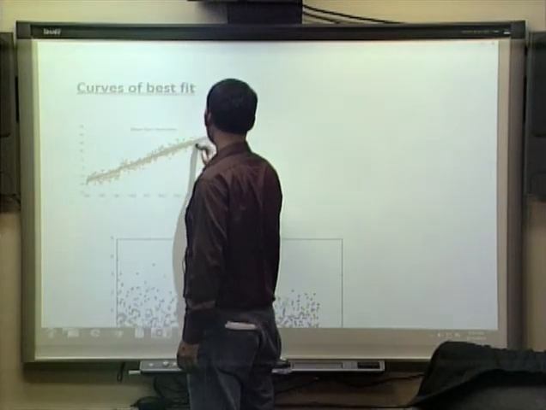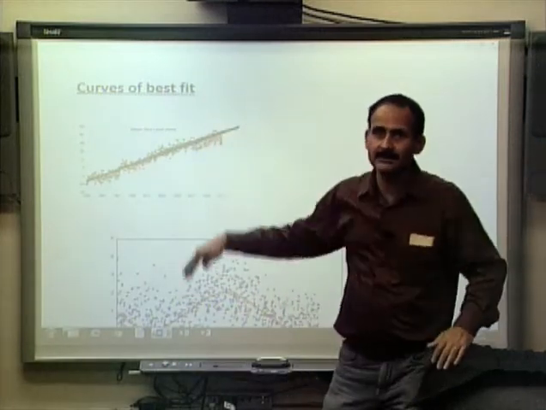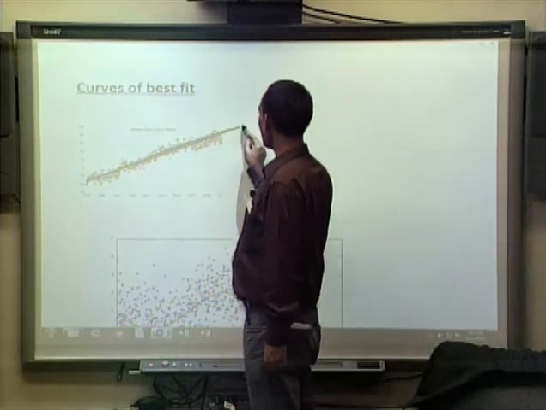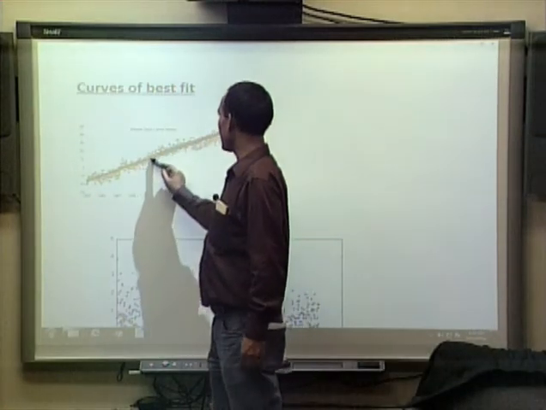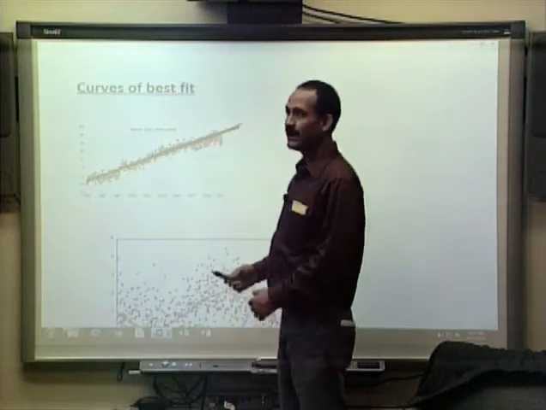Best fitting means most of the data points are following that straight line pattern. And if we can find the equation of this straight line or best fit curve, we can make a prediction.